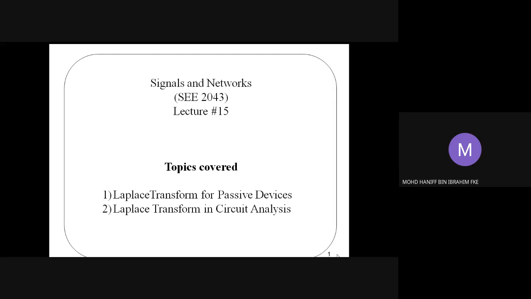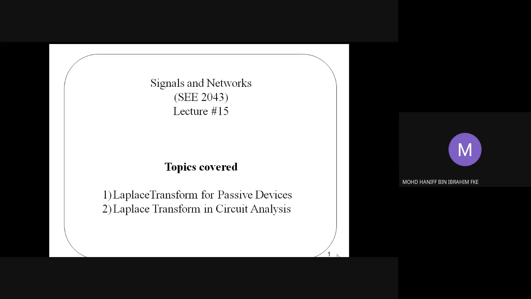The purpose of Laplace transform is that we can transform these time domain equations into frequency domain, simplified into algebraic form, which is easier to solve. We solve it in frequency domain, and afterwards, to find the actual values in time domain, we inverse it back to time domain. This is what we learned yesterday.